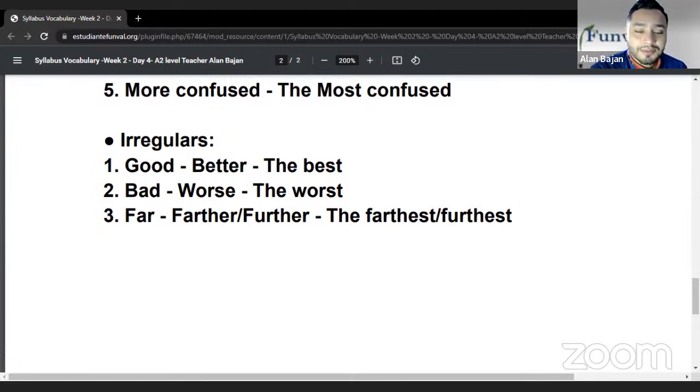Mi nota, mi calificación fue peor que la del mes pasado. And I can say, this is the worst score I ever had. No es the baddest or the badder. They don't follow the general rule. That's why they are irregulars.